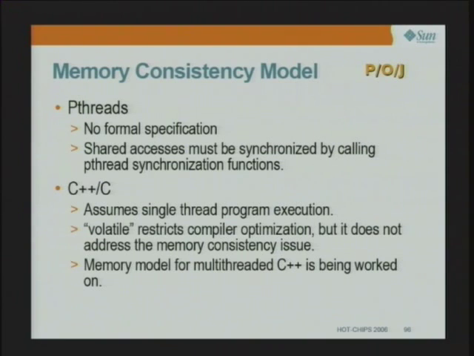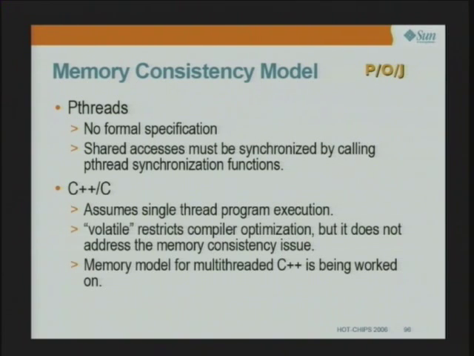For example, in pthreads, there are no formal specifications. The only thing pthreads says is that any shared memory access must be protected by pthread API calls. So in the previous example, the two threads try to access the same memory location, but there are no pthread API calls. So based on pthreads, your program is broken.